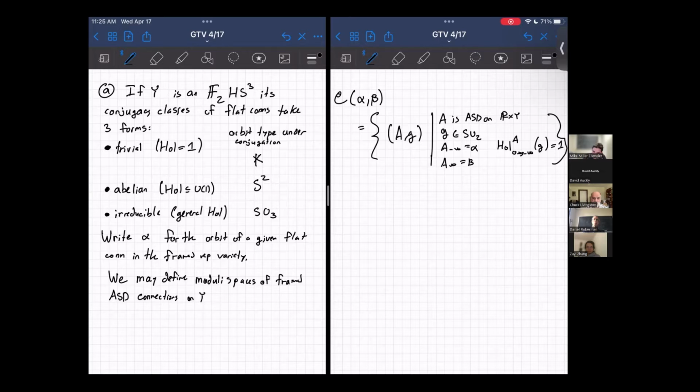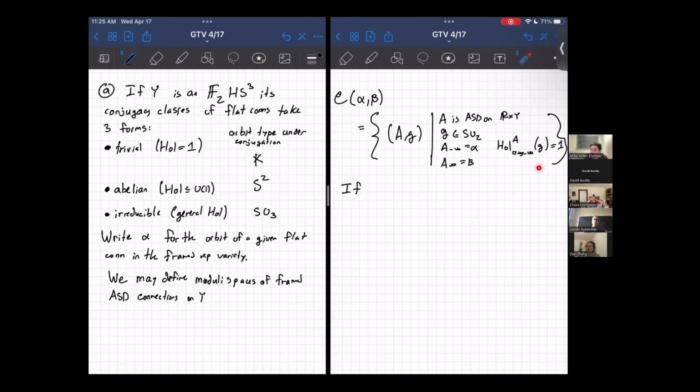In other words, I'm looking at the space of framed ASD connections where I fix the holonomy at minus infinity. If alpha is not irreducible, this space will retain an additional action because this condition becomes weaker. It means less. So just to be clear, this holonomy lies in that orbit, alpha.